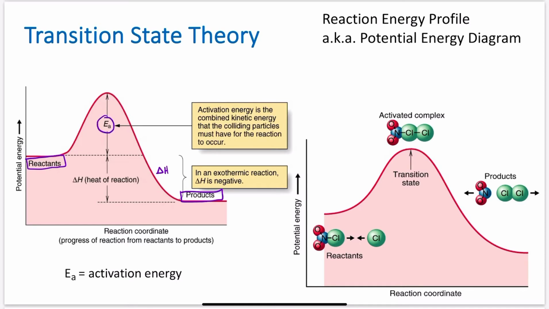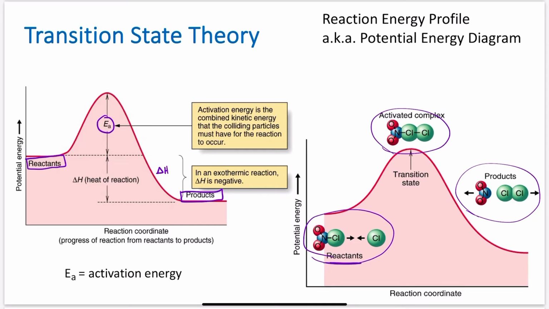Activation energy, E sub A, is the energy required to hit the transition state for the reaction to actually occur. So it's the combined kinetic energy that the colliding particles must have for the reaction to be able to go forward. We can see it again here with the particles, looking at an example we've already looked at, the NO2Cl reacting with a Cl molecule to produce NO2 and Cl.